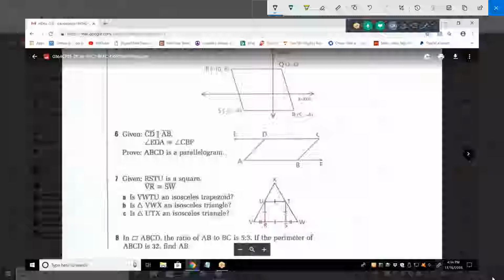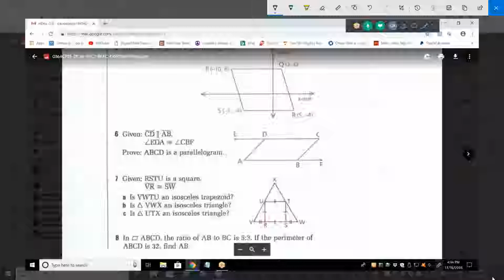I'm not sure. Well, let's figure it out. We have to prove it. Every one of these is not just getting the right answer. I guess this could be a question on the test. But let's try to prove it, just because it's a fairly simple one to prove.